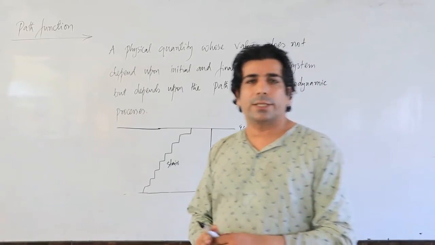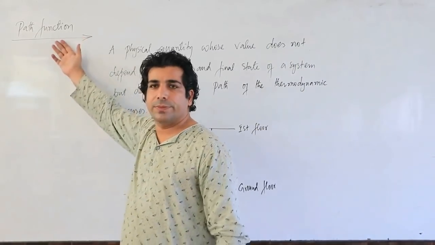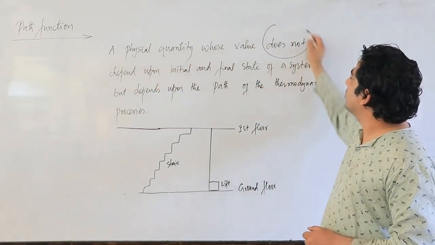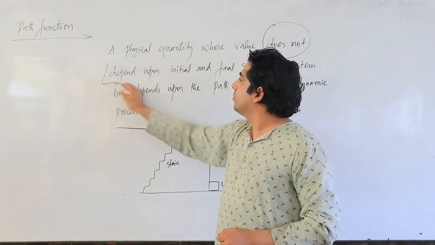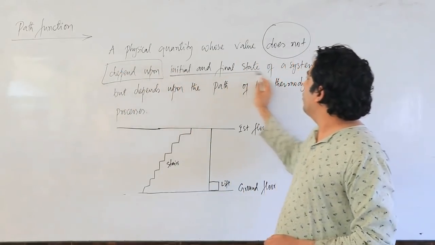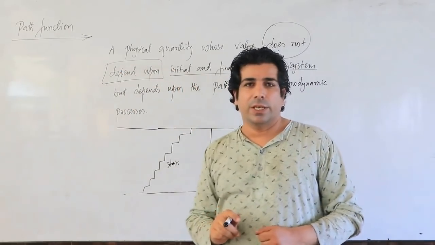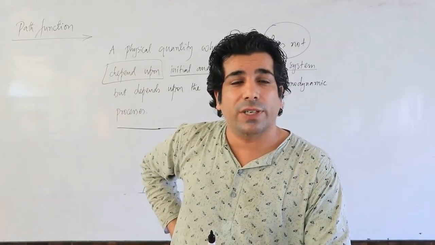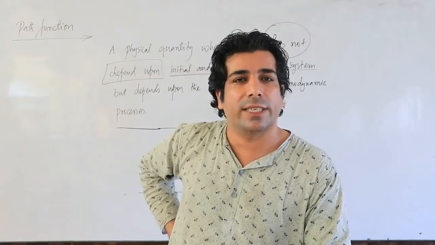So dear friends, let us talk about path function. A physical quantity whose value does not depend upon the initial and final state of the system. You have seen just now that the value of a state function depends upon the initial and final state of a system.